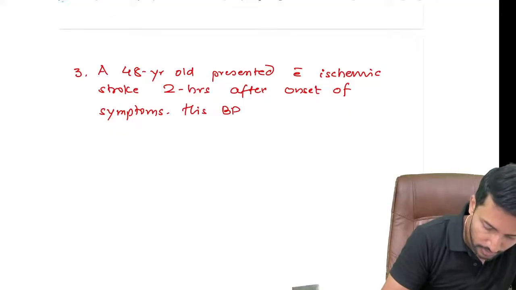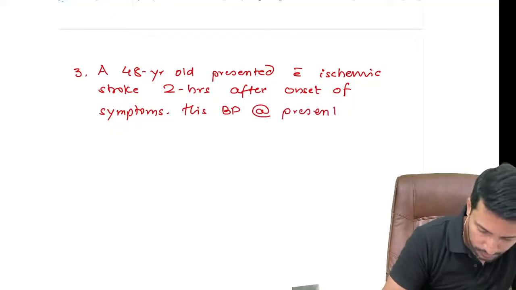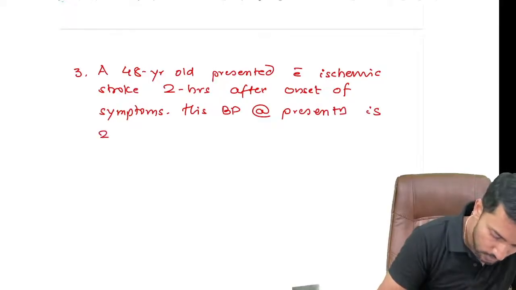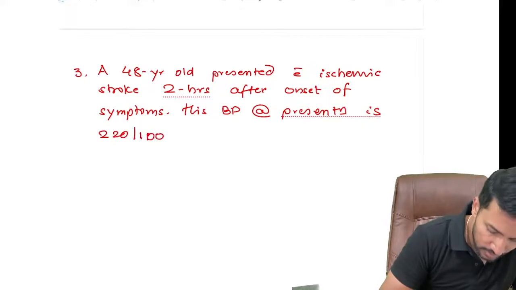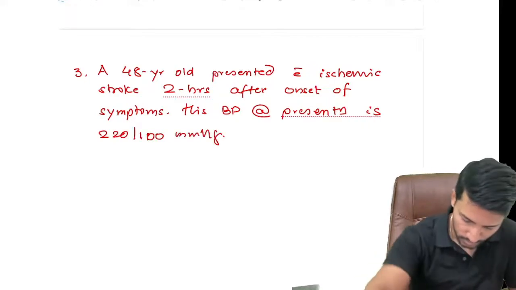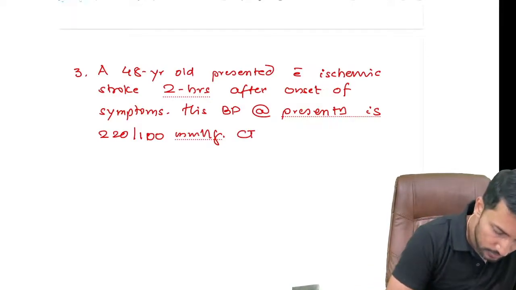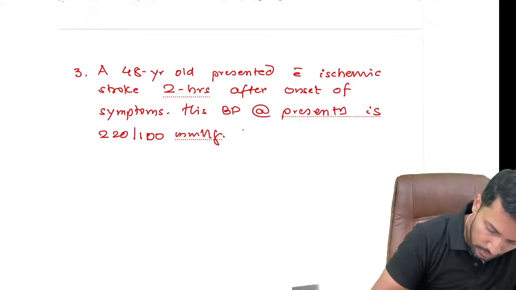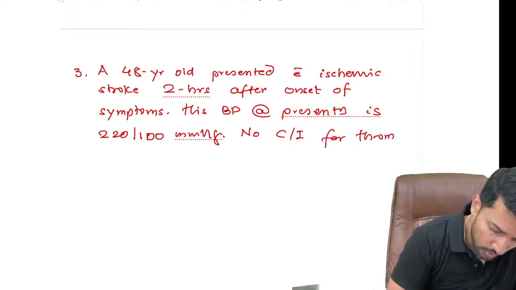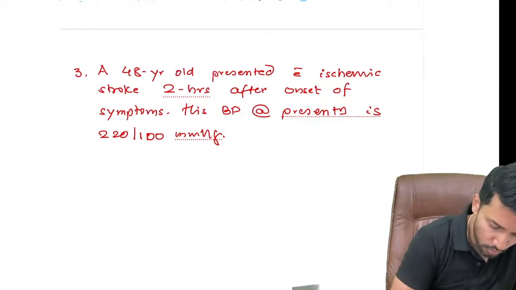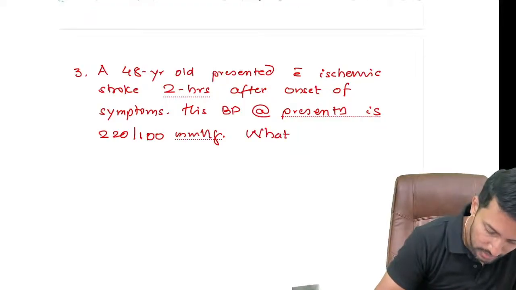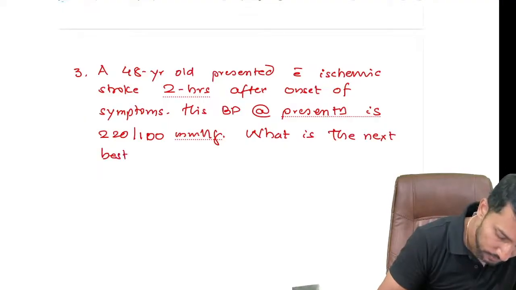His BP at presentation is 220 by 100 millimeters of mercury. Okay. Let us say, what is the next best step? What is the next best step in the management?